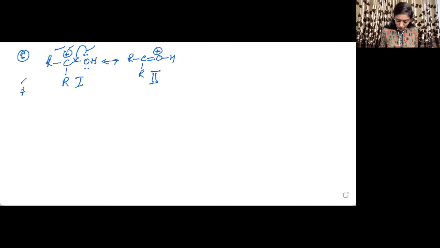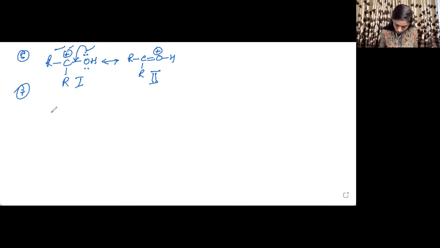Then the seventh point is the structure which is having a complete octet of all the atoms except for hydrogen, because hydrogen is going to have only a duplet, only 2 electrons. If all the other atoms in that structure have a complete octet, that structure will be considered more stable.